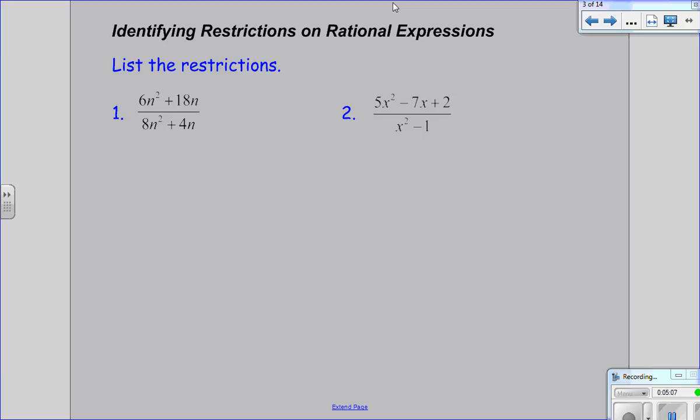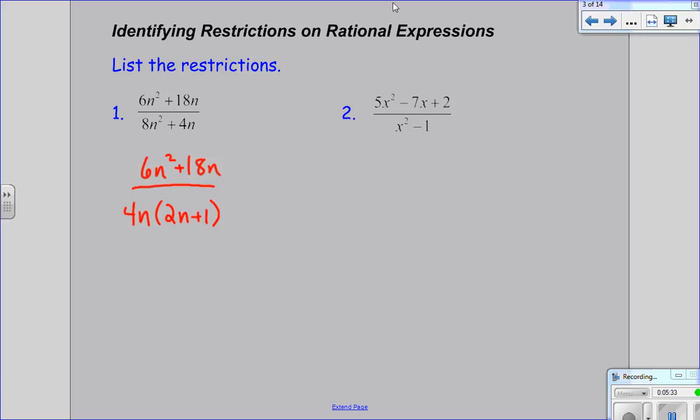Okay, let's check our answers. Number 1, if we look at our denominator, we want to factor it. I'll keep the numerator unchanged for right now. In this example, if I factor out my greatest common factor, since it's a binomial, I'll factor out a 4n, which would leave me with a 2n plus 1.